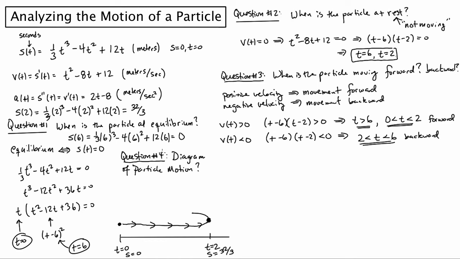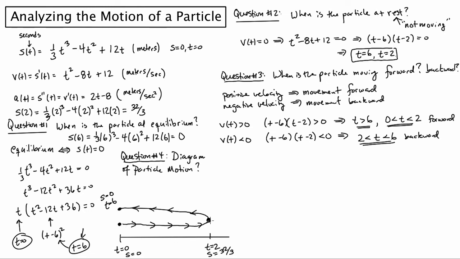If you go back over here and look, it returns to equilibrium after 6 seconds, so we know it's back to this point after t equal to 6. So it returns back to its equilibrium of s equal to 0 after 6 seconds. So I want you to think about this in terms of the motion of this object.